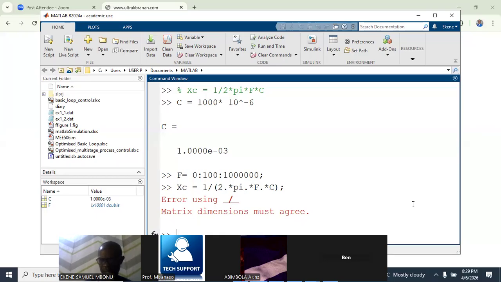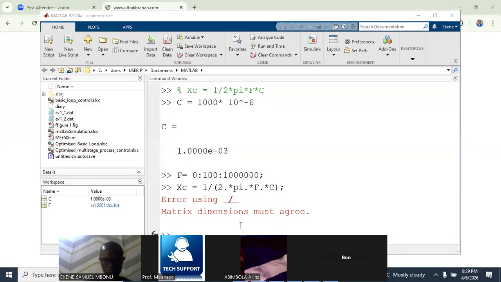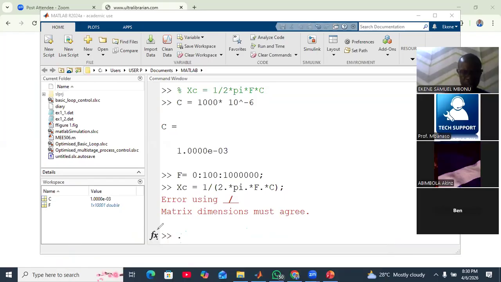Okay, I think I've seen the problem. I need to shift this so I can see.